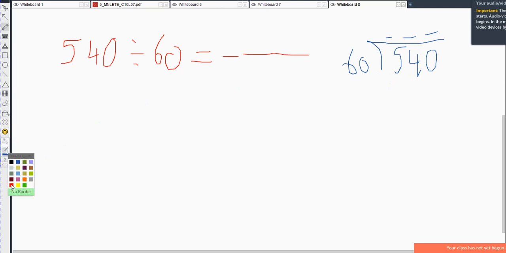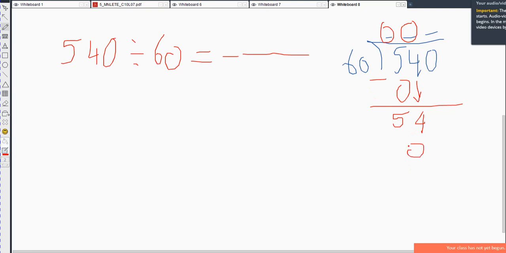So what we're going to do, we put 0 up and 0 down. Minus, it will be 5, and bring down 4. The same thing, 54 divided by 60 can't be. 0 up, 0 down, minus, it will be 54, and then bring down 0. 540 divided by 60.